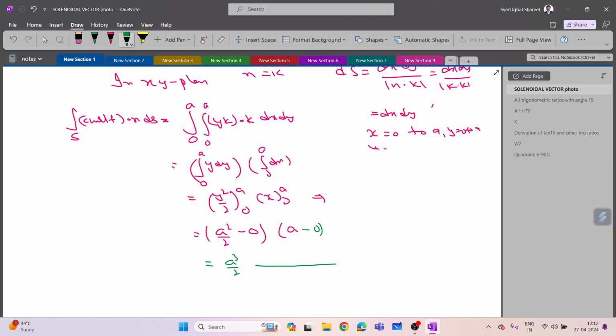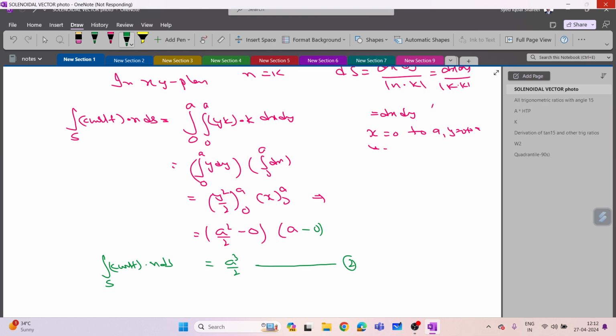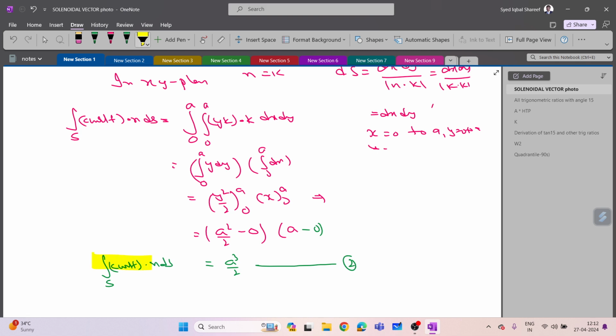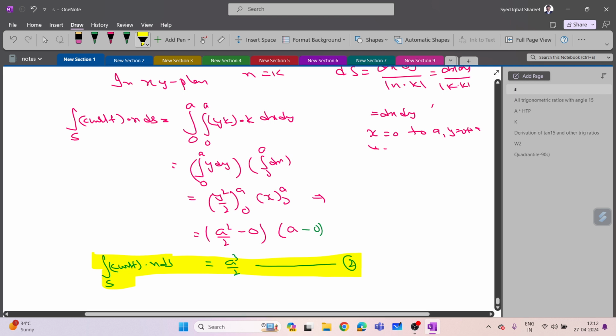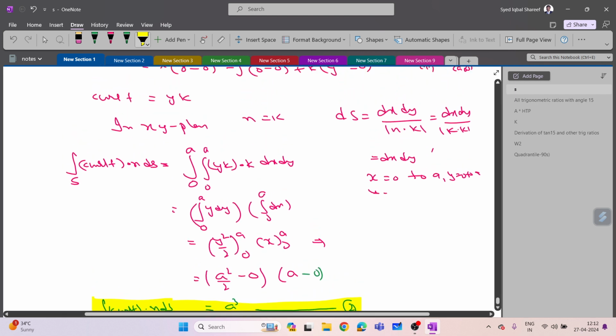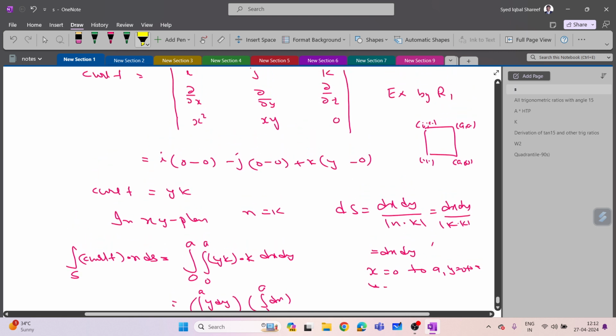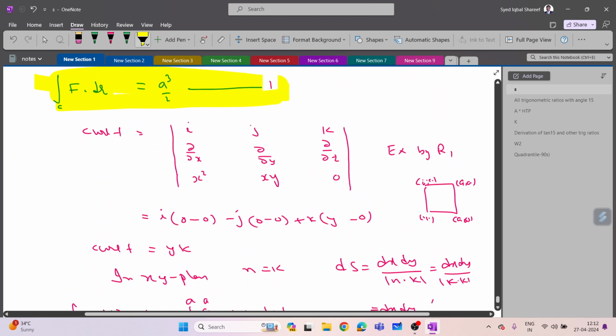This is another answer. This is the integral taken over the surface, curl f dot n ds. This is number 2. So this is 1 and 2. From 1 and 2 what do we get? Number 2 is a cube by 2 and number 1 is a cube by 2. You see here also a cube by 2.